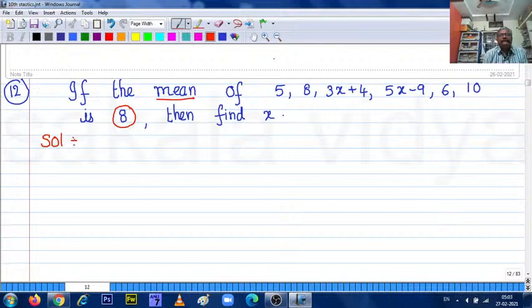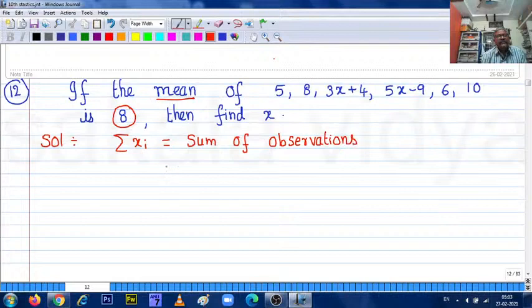Solution. Here first you find sigma xi, the sum of observations. That equals 5 plus 8. The third observation is 3x plus 4.